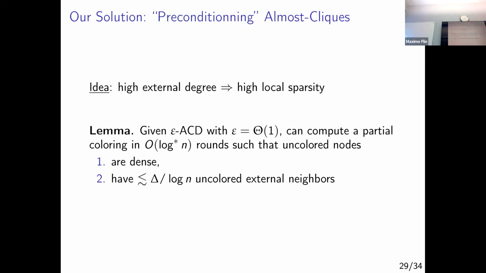So you end up with a coloring where we know that the uncolored vertices have only delta log external connections to uncolored vertices. Everything else is correct, and we only need to run the algorithm on the uncolored vertices.